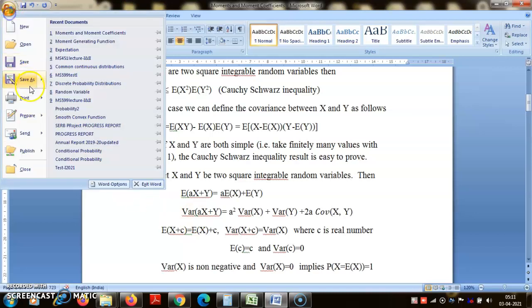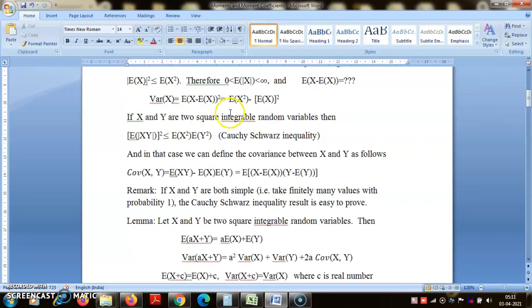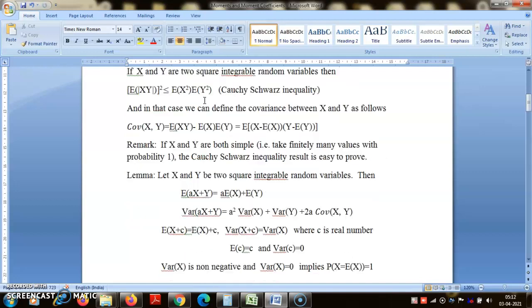So this is important. What is the interpretation of variance equal to 0? You have a set of numbers. Variance 0 means all the numbers are equal, and in this case also there is a similar interpretation. The expectation of x minus expectation of x, whole square, is equal to 0. Now x minus expectation of x, whole square, is a non-negative value, so its mean being equal to 0 means it has to be 0 with probability 1. That is, probability x minus expectation of x equal to 0 is 1, and so x is equal to its expectation.